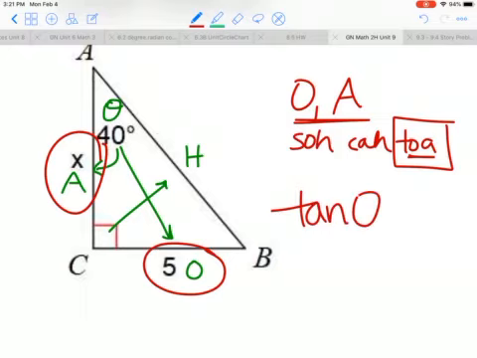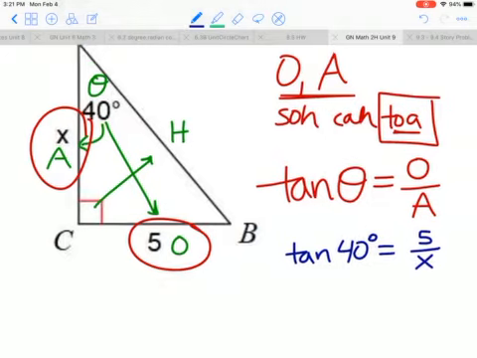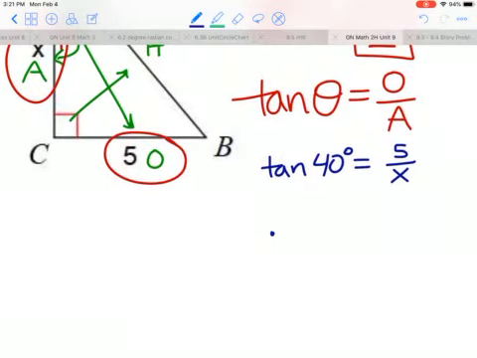So tangent equals O over A. So we have tangent of 40 degrees is O over A. We're going to go ahead and get a decimal for that. So we get 0.8391 when we round.